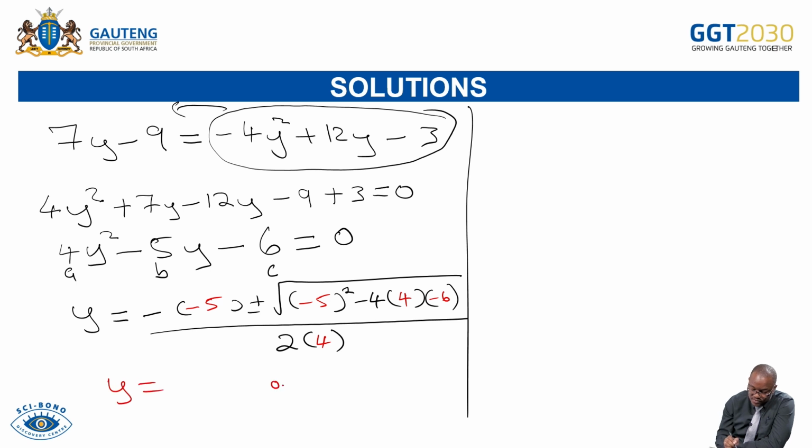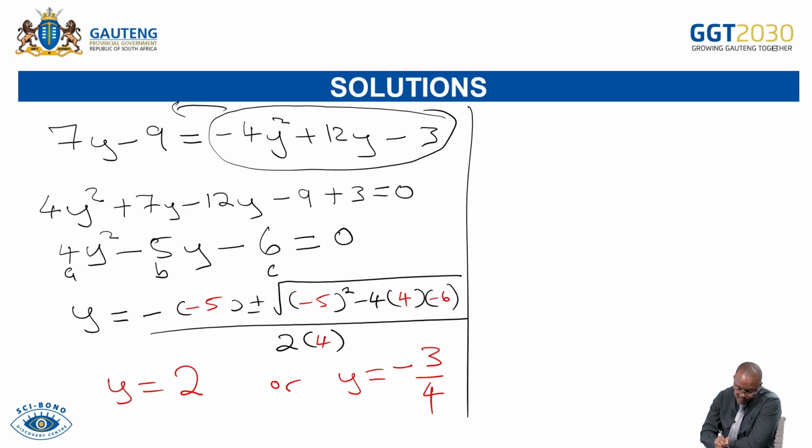So y will be equal to negative 5 plus or minus the square root of negative 5 squared minus 4 into 4 and negative 6, over 2 into 4. You see that the first one will be 2, or we have negative 3 over 4. So those are the two values of y.